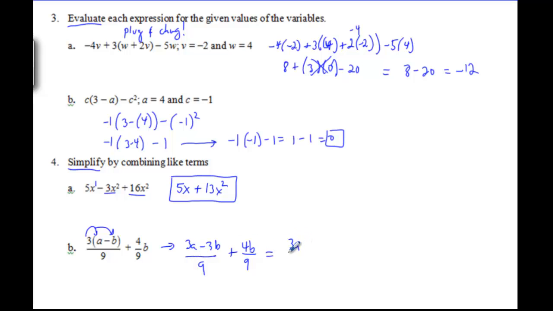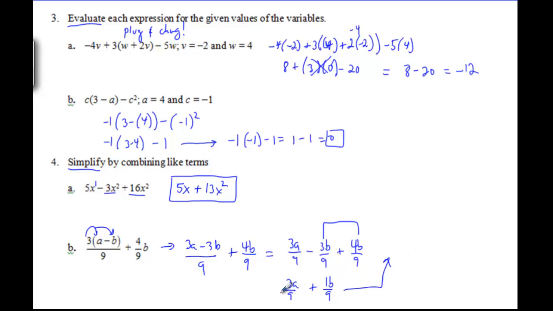So we have 3a over 9 minus 3b over 9 plus 4b over 9. These two have common denominators, 9 and 9, and a b and a b. So we have 3 over 9a, and minus 3 plus 4 is 1, so 1b over 9.